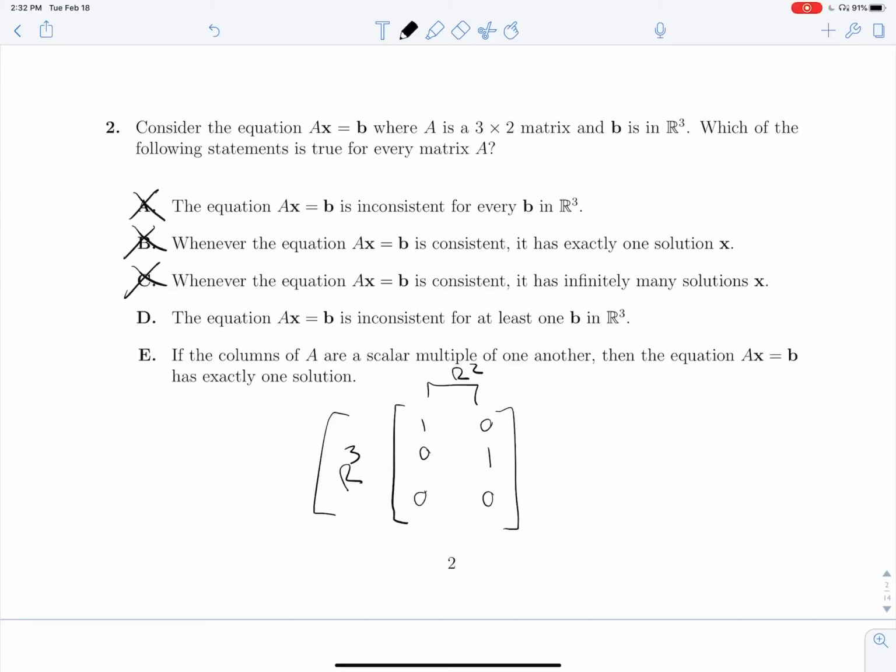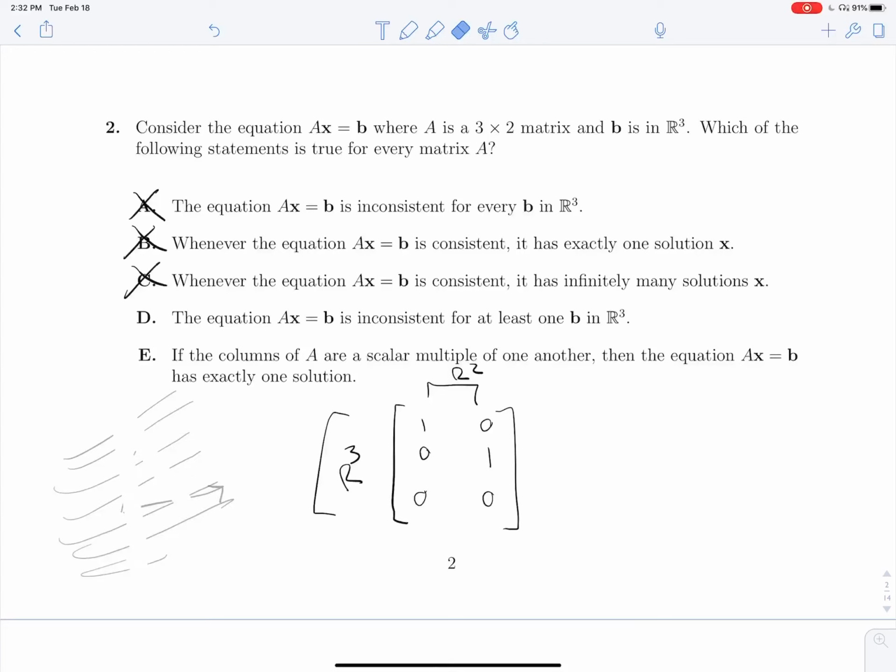Okay, we're inconsistent for at least one b in R3. Well, this, as it turns out, is true, because if we take two vectors in 3D, this is in 2D space, but hopefully you can think of these in 3D space a little bit. If you think about two vectors in 3D space, the area spanned, or their span, is going to be the plane that they both lie in.